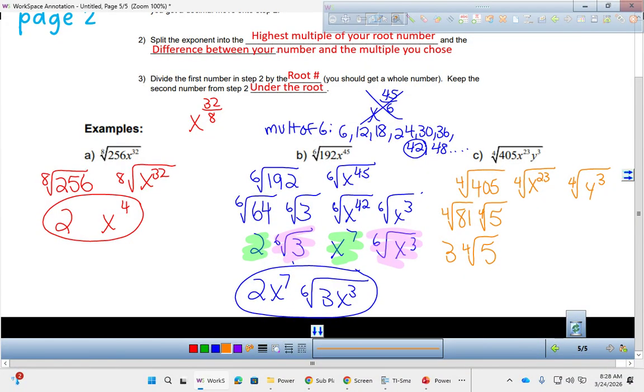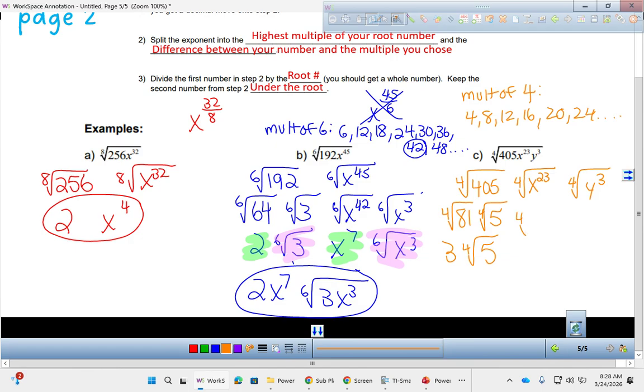Now, 4th root of x to the 23rd. Can I do 23 divided by 4 and get a nice clean number? No. So now I have to think multiples of 4, because now it's a 4 I'm looking at. 4 plus another 4 plus another 4 plus another 4 plus another 4 plus another 4, and so on.